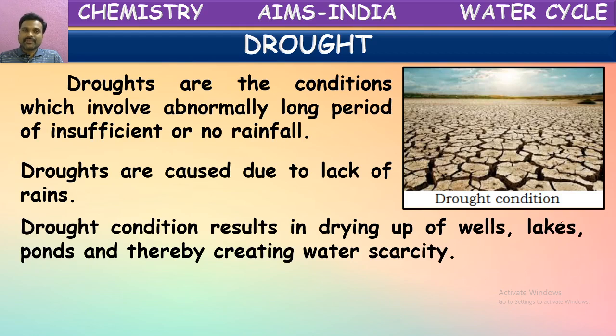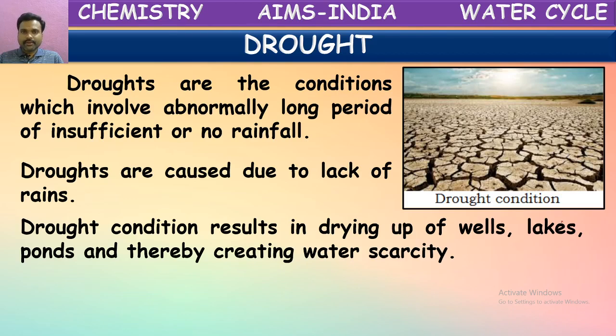Because of this maintenance of the water table by the rains, we are able to take water from the bore wells and lakes. Water is maintained because of this groundwater table. This is happening because of the rainfalls. When it rains, this water sinks into the soil and maintains a certain level of water in the ground. From that only, we are able to take water from these wells and bore wells.